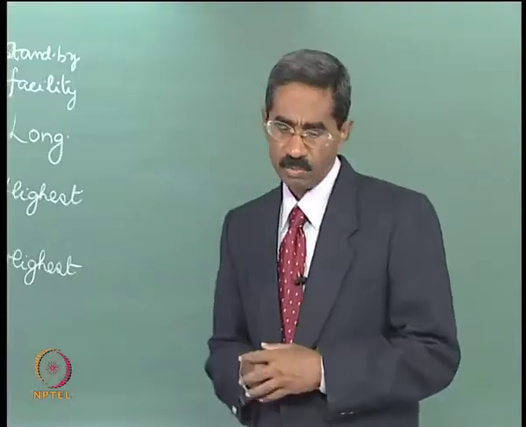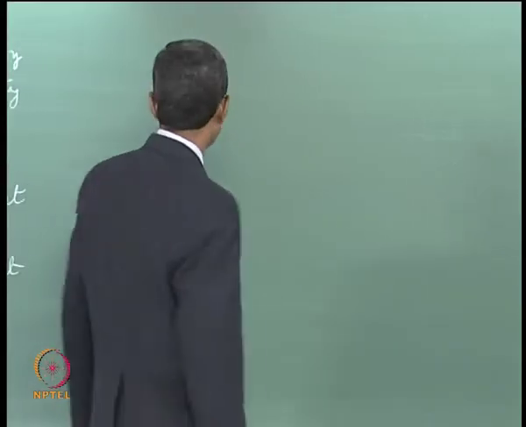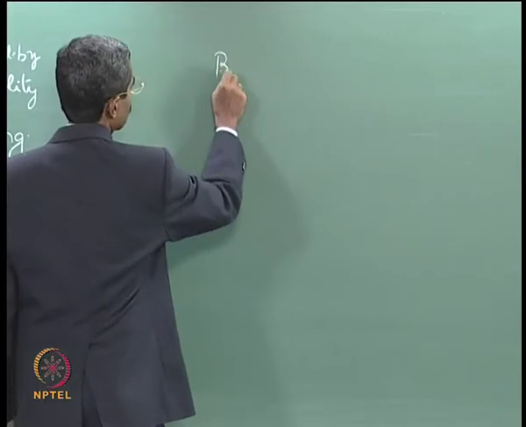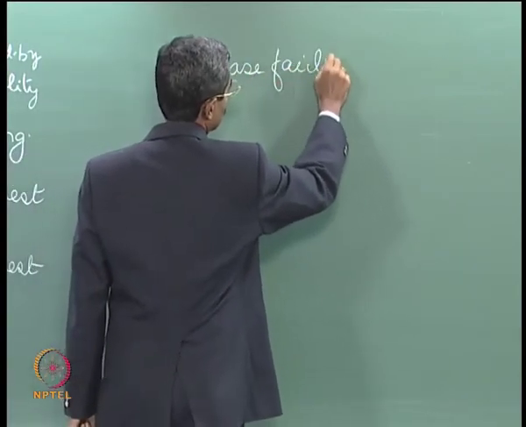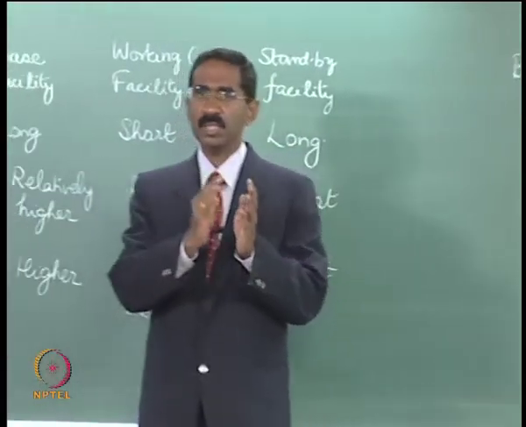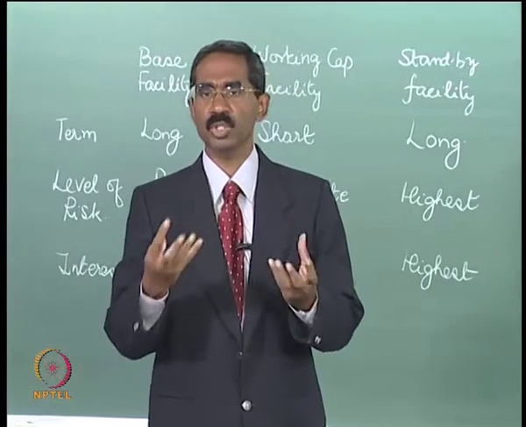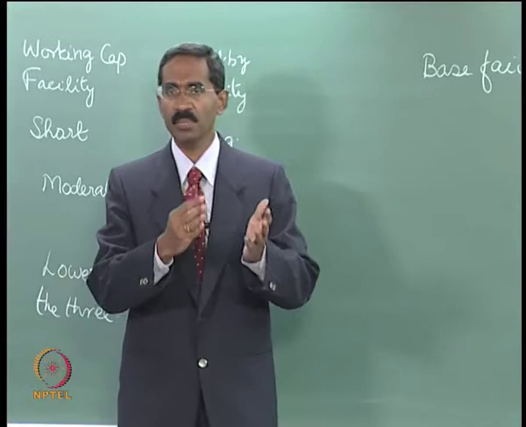Okay, the next question that we put forward is, when will the project company start paying interest on the base facility? From the time of utilization or from the time the project begins operations. If you really look at it, a base facility is a long term loan, but the utilization of the loan, that is the time at which the loans are withdrawn, does not happen at one stage, it happens over a period of time.